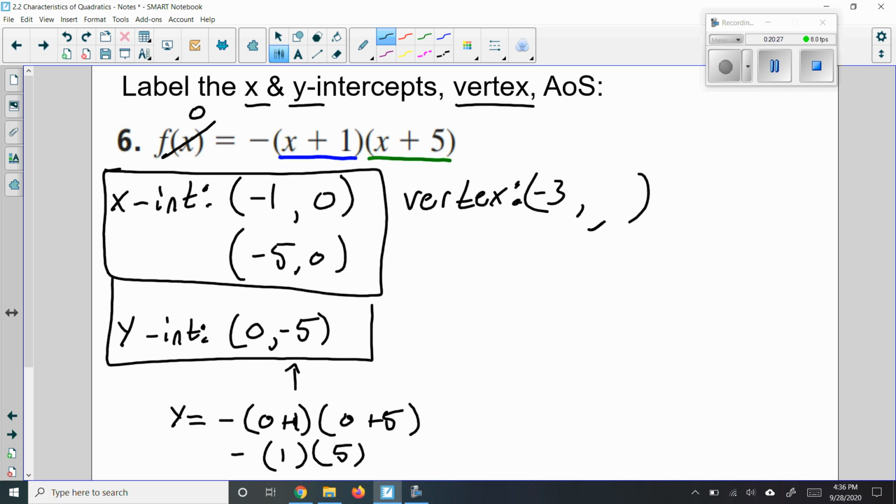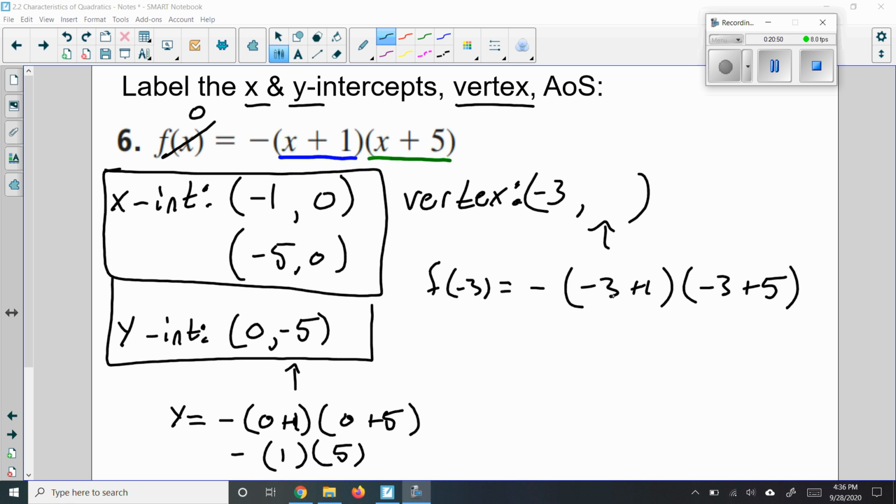Now I need to find the y-coordinate. To find the y-coordinate, I simply plug this value into the function that I'm given. So I need to find f of negative 3. That's negative 3 plus 1 times negative 3 plus 5.